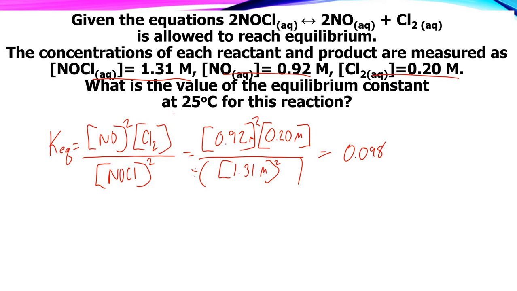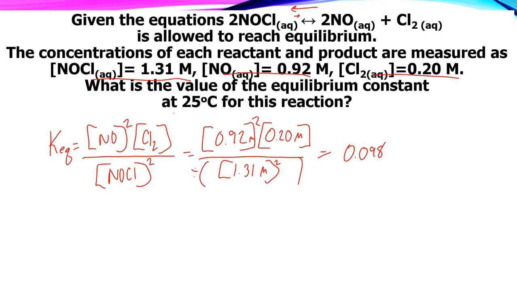Alright, so what does this tell me? Remember what the K represents? What does this tell me about this equation? It's actually favoring the reactants more than it is the products. Okay, so it's not going forward. It's staying mostly reactants. Very little of it is going to products.